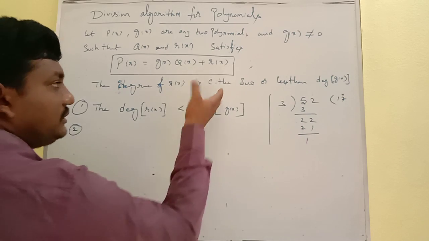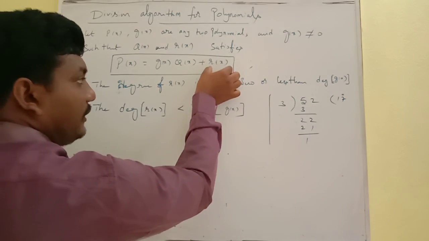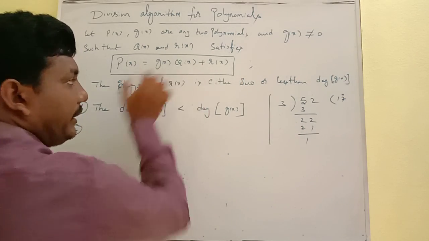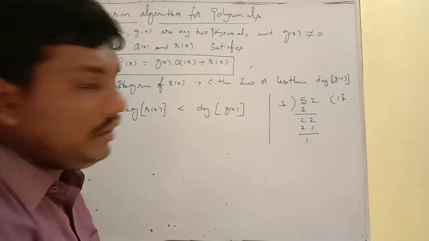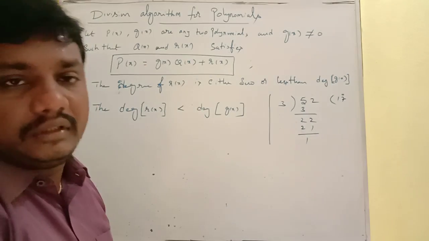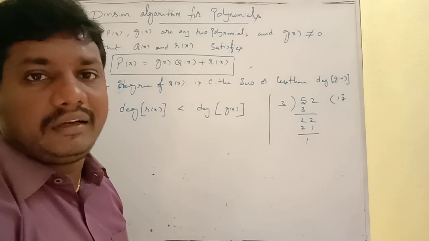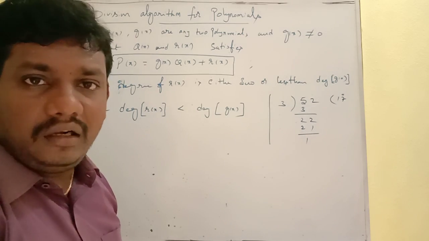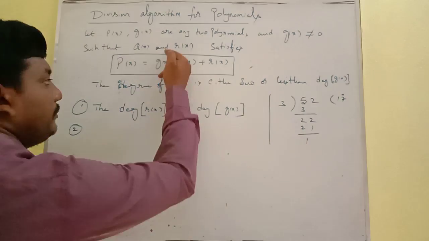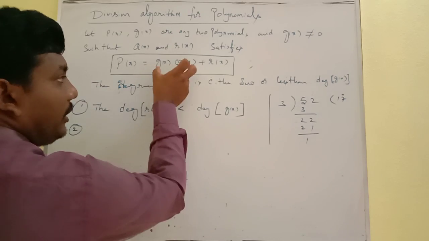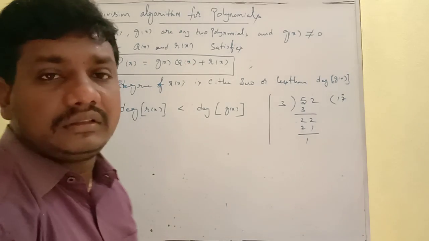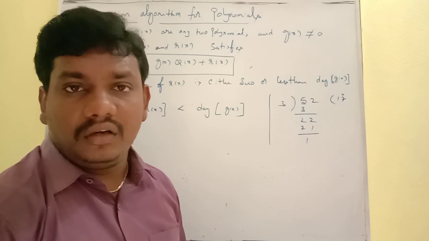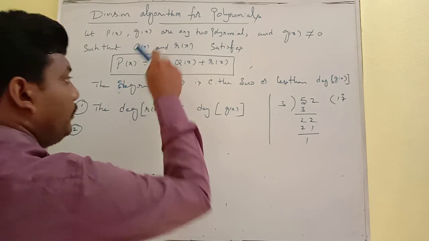Obviously, r of x is added, while these two are multiplied. As we know, the variable power is called the degree, and under the product condition the powers are added for polynomials.